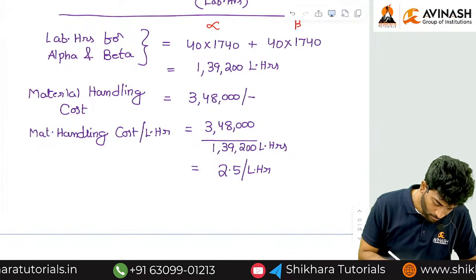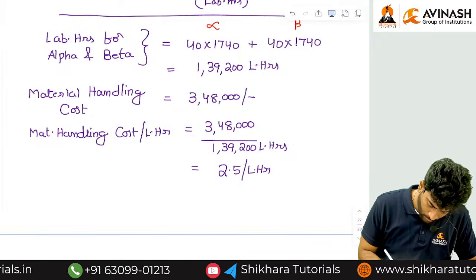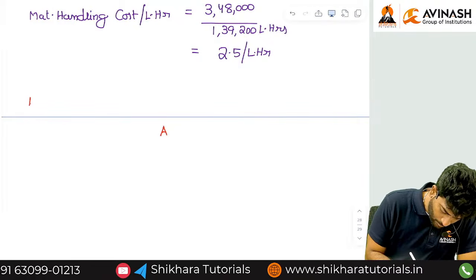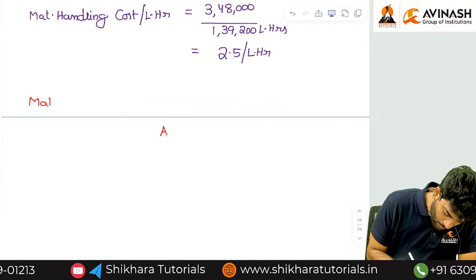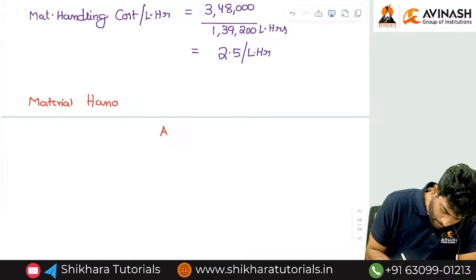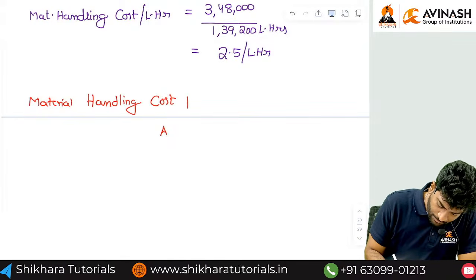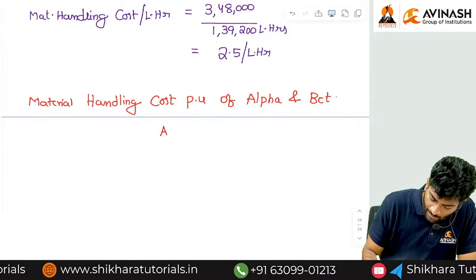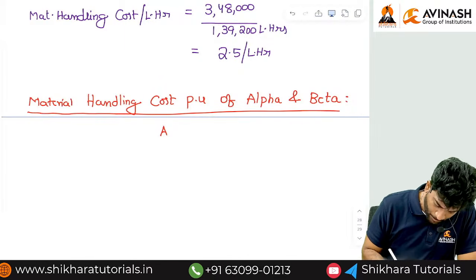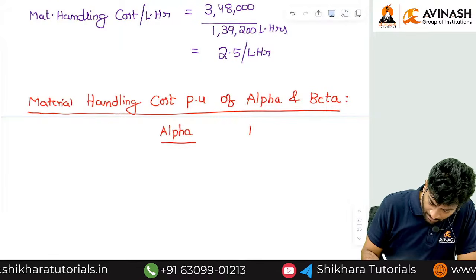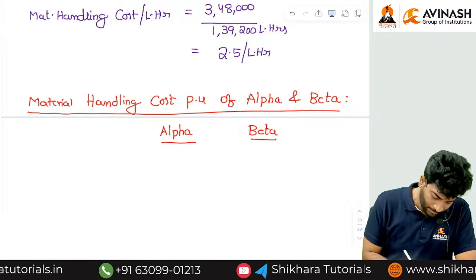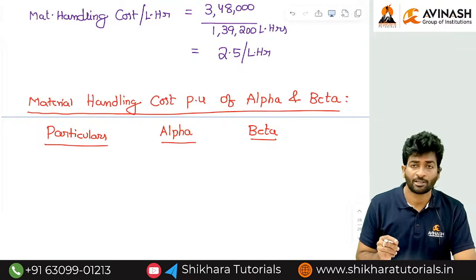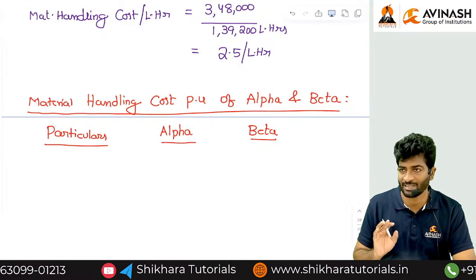Material handling cost per unit of alpha and beta. In the last discussion I told you the overhead to be allocated is nothing but resources consumed into the ABC rate, right?